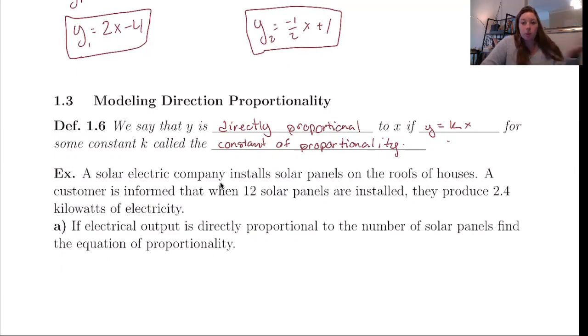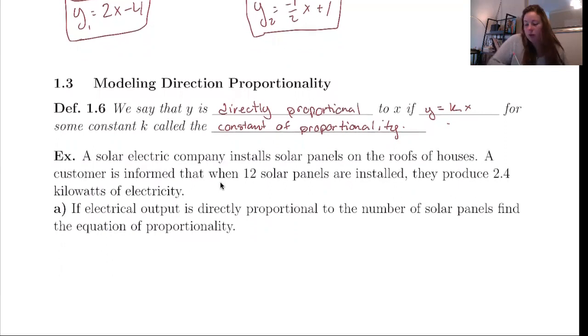I'm just going to multiply x by a number, and that's going to be my y. It's called directly proportional because y will be a proportion of x directly. If there's a plus a number, it wouldn't be as direct. That's how I think about it.